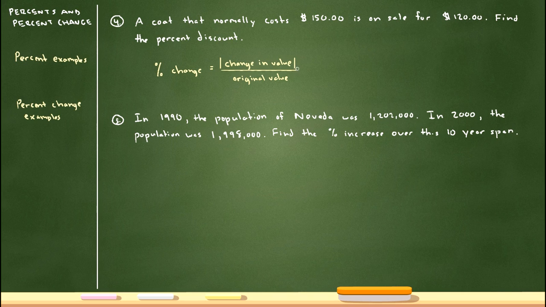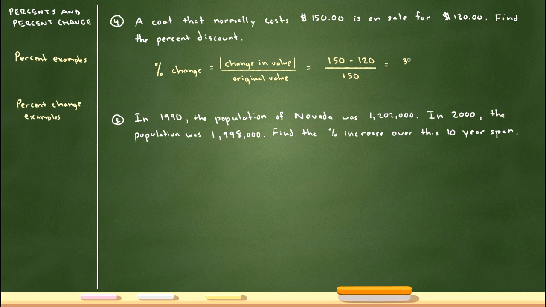So if we follow this formula here, the change in value, so we start with $150. The change in value would be the subtraction of the two numbers, and again, it's $30. And we're going to divide this by the original value, which is 150.